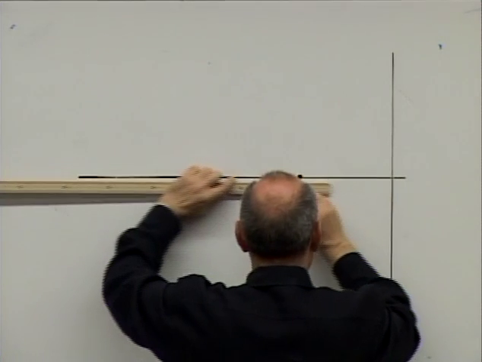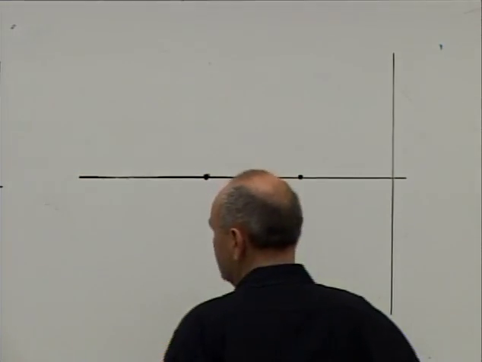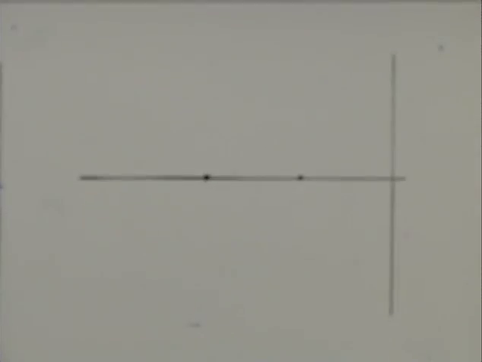So here I'll have the focal point, the center of the mirror. Now, how to verify that? Let's verify it. What rays should I use to verify that the construction is correct?